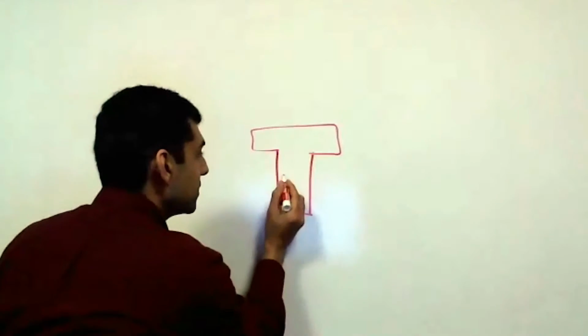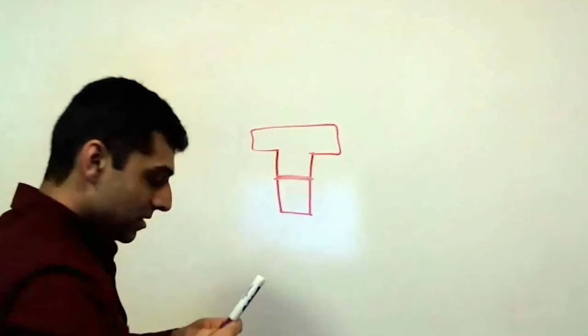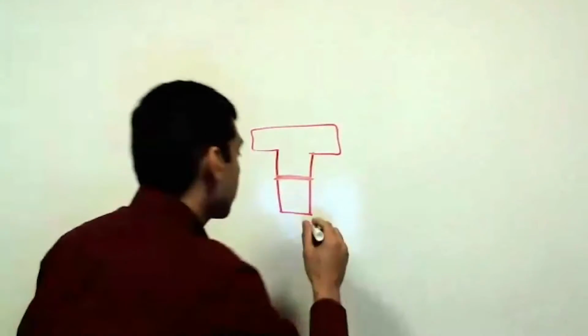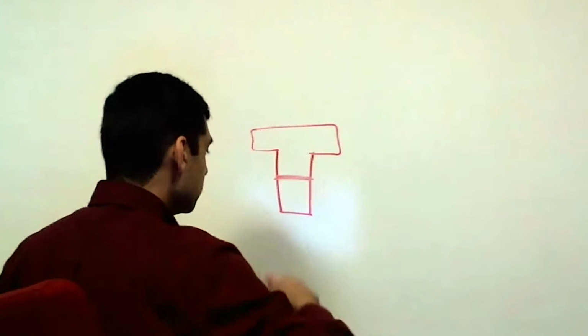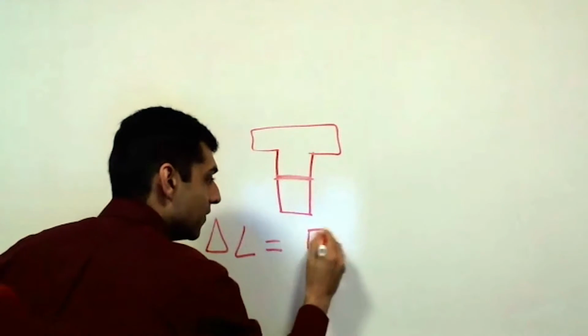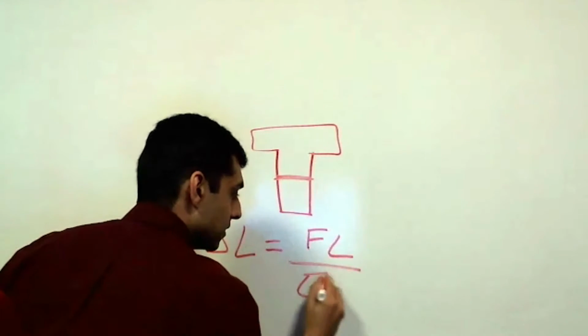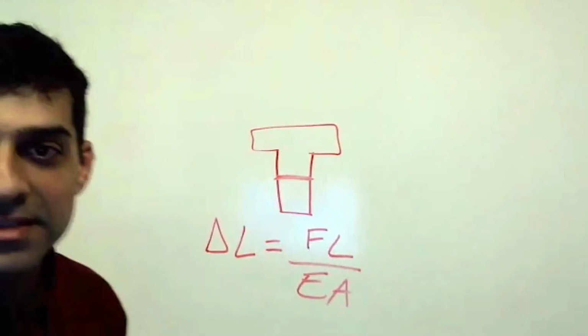ANSYS cuts a small delta L from that bolt, and that delta L is nothing but FL over EA, which comes from the statics class.